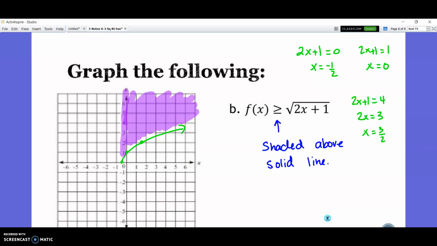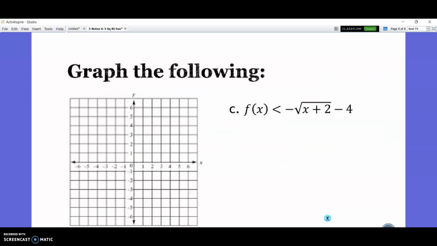Okay, last one. Less than, shade below, dashed line. Look at my transformation.